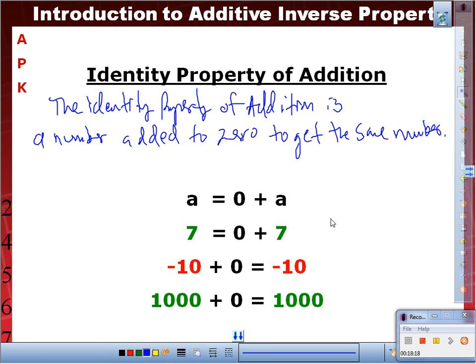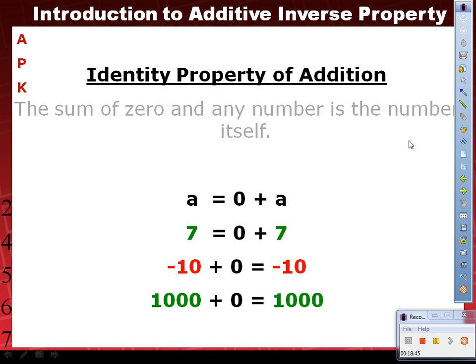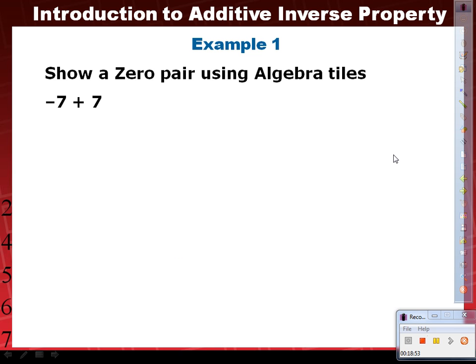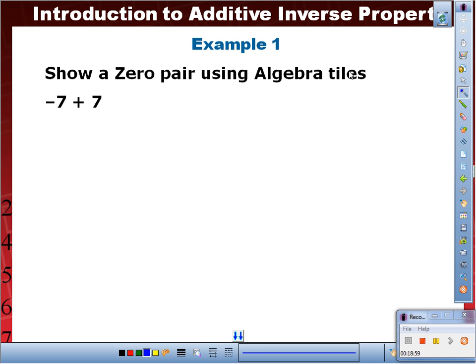Now, before we move on, last example, because tonight's homework, they're asking you to use integer tiles. Okay, so for those of you that have never used integer tiles, look up to the screen. Look at this example. Writing utensils down. Look up. Here it goes. It says using integer tiles or algebra tiles. So here we go.